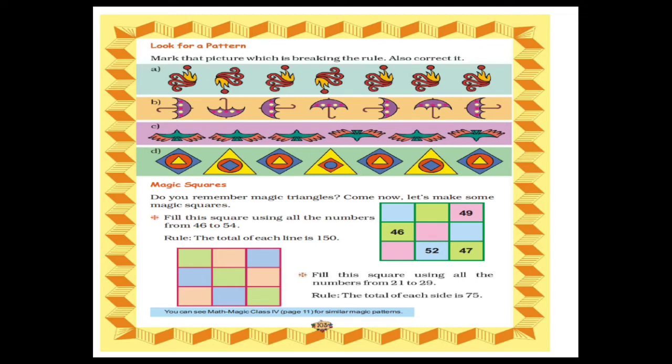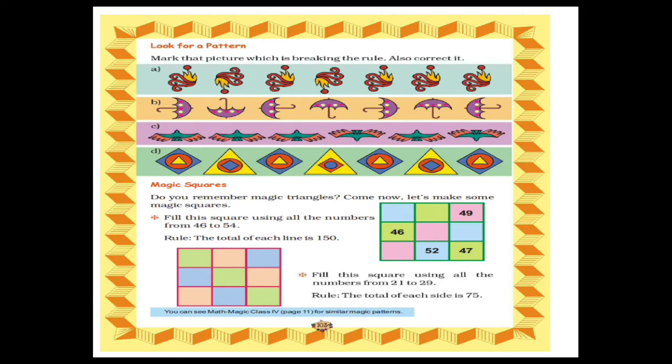Now see, here a magic square has been given and you have to complete it using numbers between 46 and 54, and each line should be equal to 150. Suppose I talk about this line, you can see that 49 has been given.